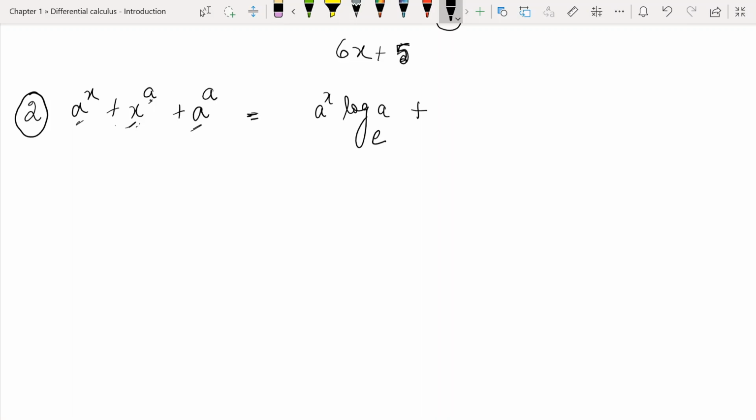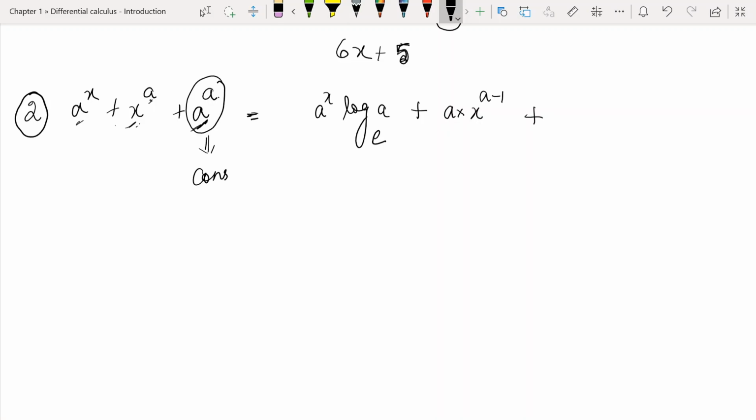So how do you differentiate this? a into x power a minus 1. That is all. Plus, now come to a power a. Since I told you a is a constant, power a is also a constant, making this whole term a constant.